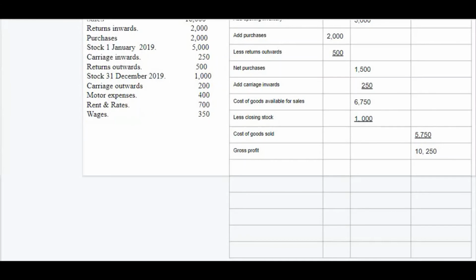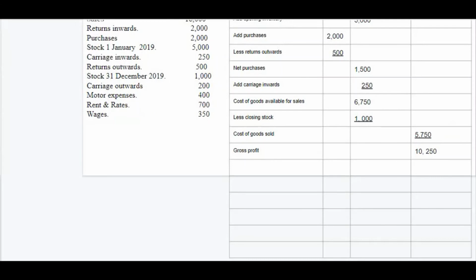So each business will vary where their expenses are concerned. So using our same example, just look below the closing inventory or stock, you will see the expenses of this business. So we have carriage outwards, we have motor expenses, we have rent and rates.